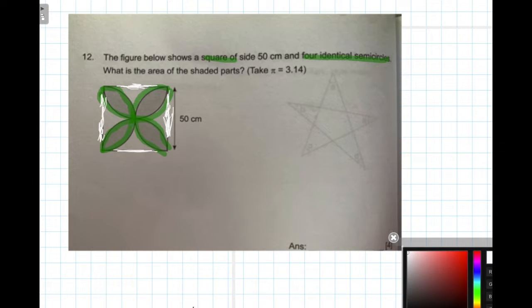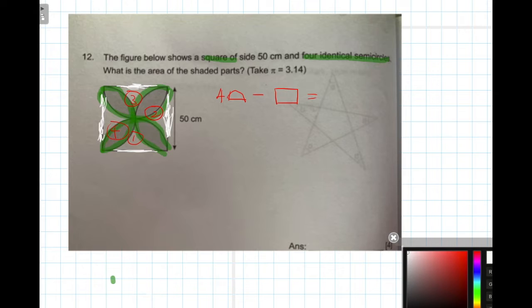So how is it? It is actually your first semicircle, second semicircle, third semicircle, and fourth semicircle minus away the box. So 4 semicircles minus away the box will give you the shape of this, which is your shaded area.